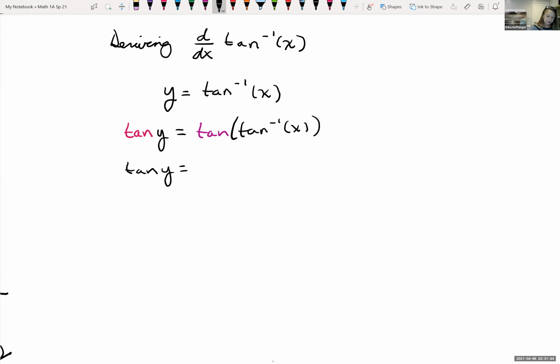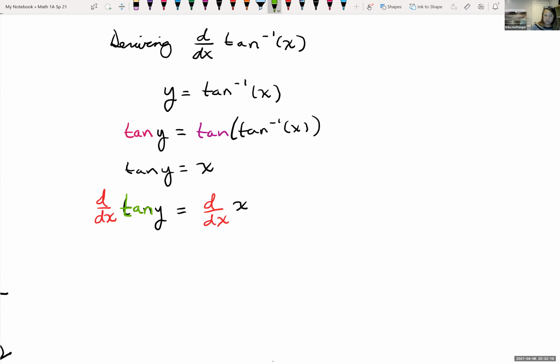So we know the derivative of both sides now, so we can take the derivative of both sides. So the derivative of tangent y, we're going to have to use, again, the chain rule, is equal to the derivative of x. So looking at the chain rule, we need to look at the outer function.